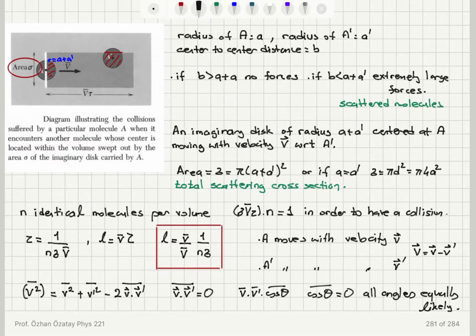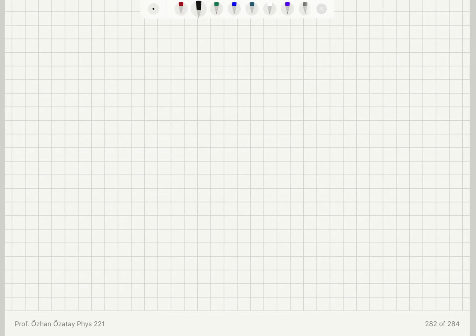We have a random motion of molecules, so all angles are equally likely. So we can see that V squared bar is v squared bar plus v prime squared bar.